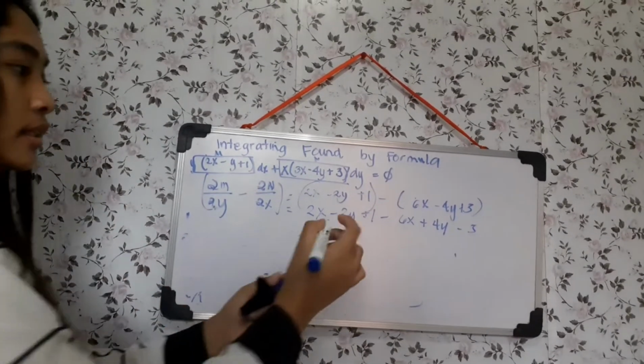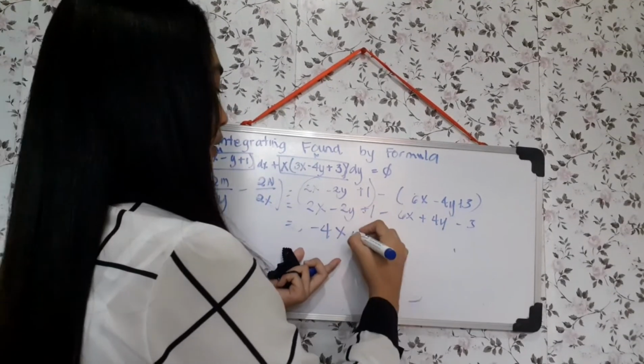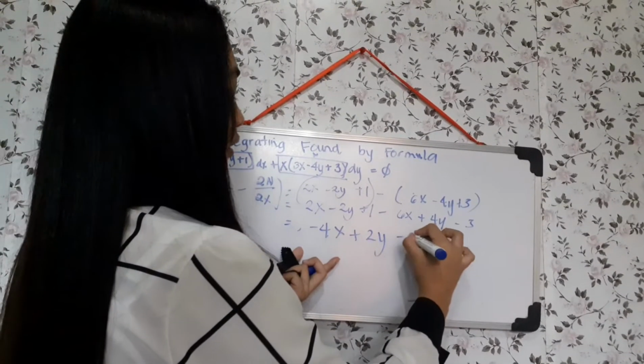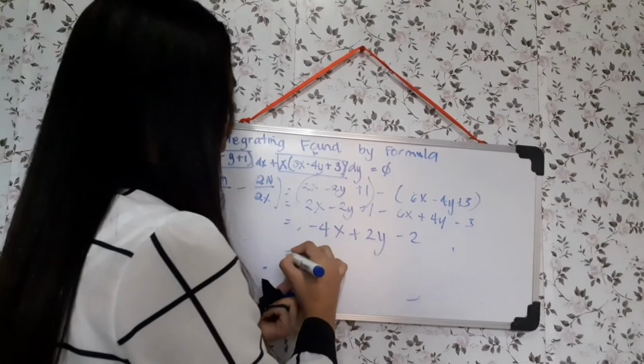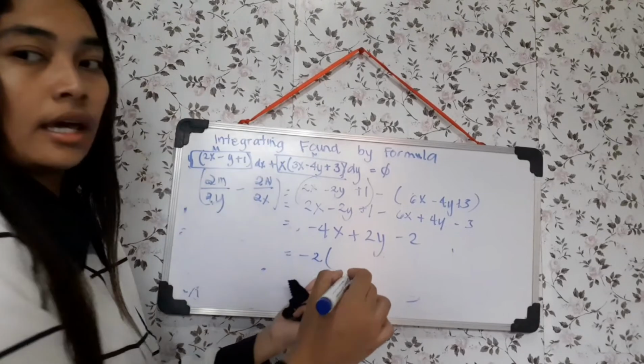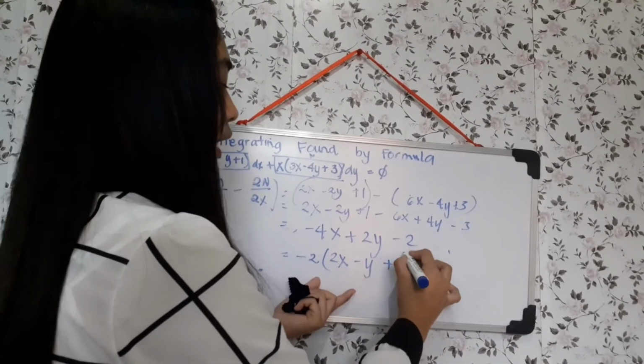So we got negative 4x plus 2y minus 2. So we can simplify it. So it is equal to negative 2 times (2x minus y plus 1).